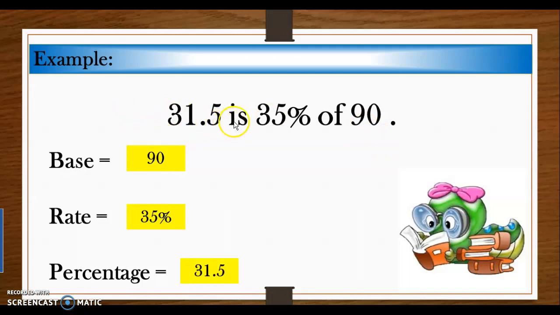Yan yung sinasabi ko kanina. Malapit siya sa salitang is. Although yung is dito nakagitna sa 31 and 5/10 at saka sa 35%, obviously, this one is the rate kasi meron siyang percent sign. So, natitira na lang ang percentage which is 31 and 5/10. Kasunod niya yung salitang is.